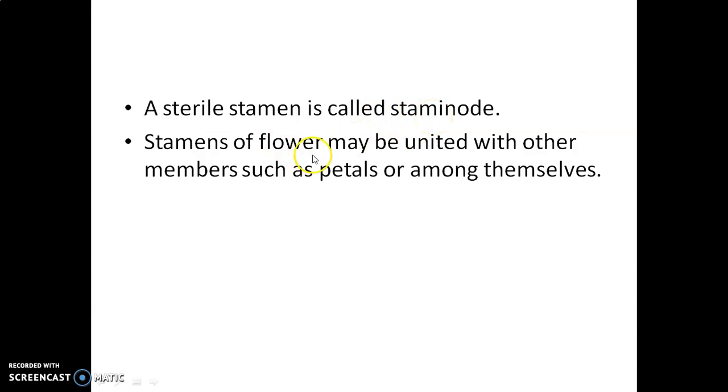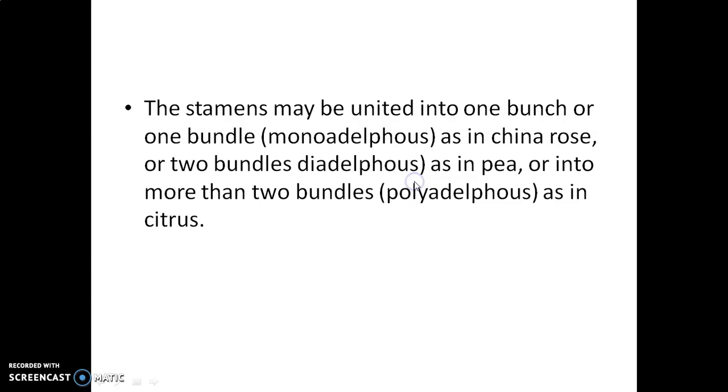Okay, stamens of a flower may be united with other members such as petals, or among themselves. When the stamens are united in one bunch, it is known as monadelphous. If 2 bundles are there, we call the condition diadelphous. In some other flowers, more than 2 bundles are there for the arrangement of stamens, and that condition is known as polyadelphous.